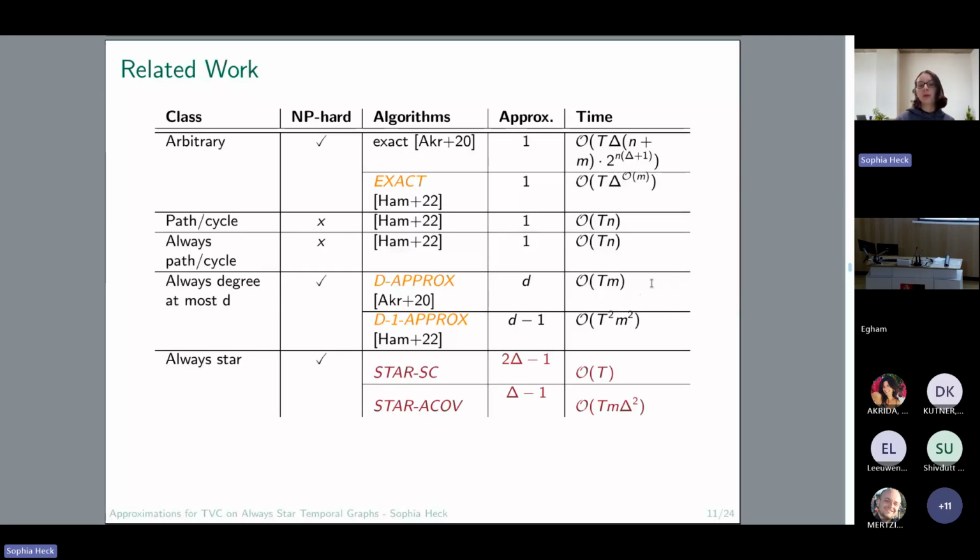What we have done here is provide the first implementations and experiments for the exact and D and D-1 approximations, and see how they can be improved in practice. So a quick outline for the rest of the talk: we'll first go over how the always star algorithms actually work, and then we'll look at the experimental results and see how they perform in practice.